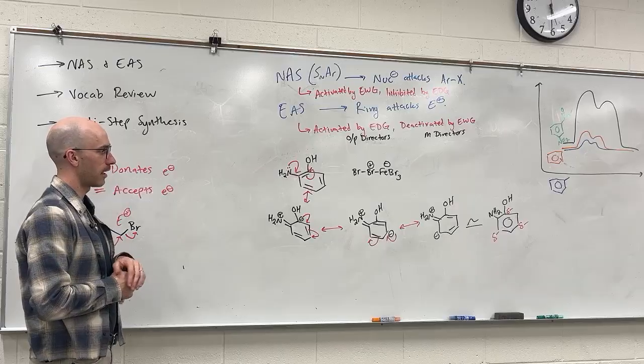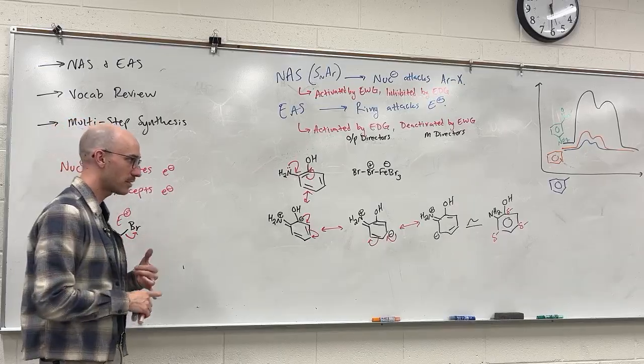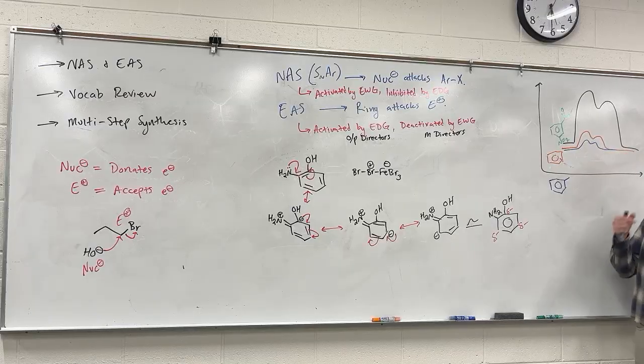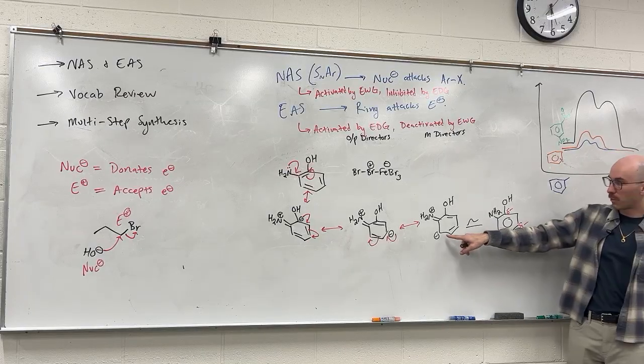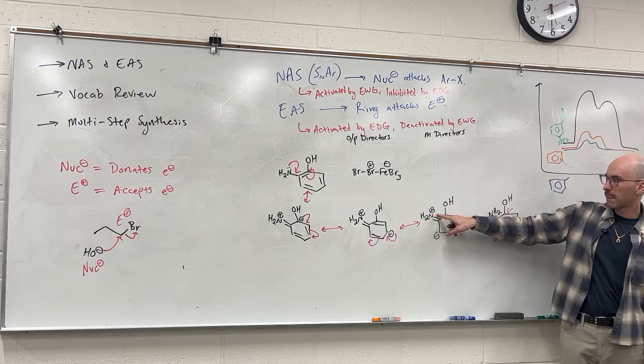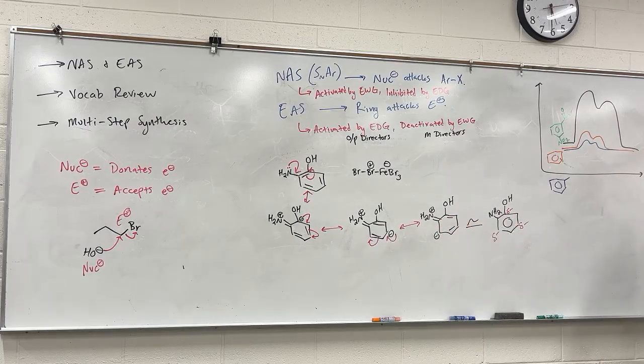So certain positions are more likely to act as a nucleophile, and when those positions do act as a nucleophile, the strongest electron donor is there to stabilize the carbocation that appears. Or sorry, able to stabilize the cation that appears. It's able to maximize octets still.